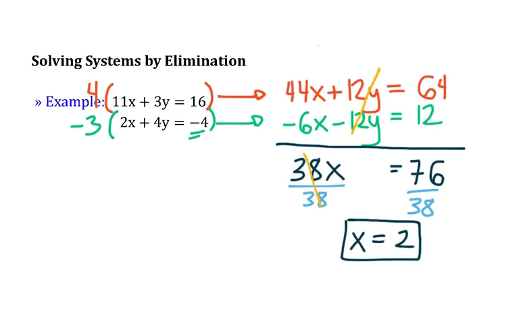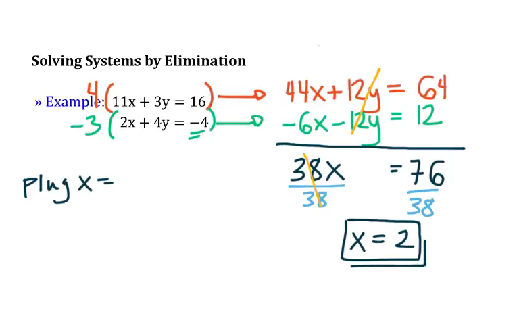Well, not quite, because we said we're trying to find really a value for x and a value for y. So, to find y, you basically take this value of x equaling 2 that we just found, and plug it back into either the first or the second equation, whichever one looks more friendly to you. I'll go ahead and plug it back into my second equation.